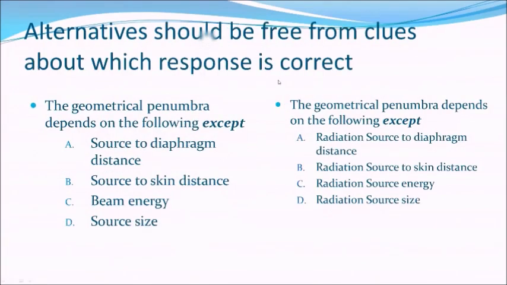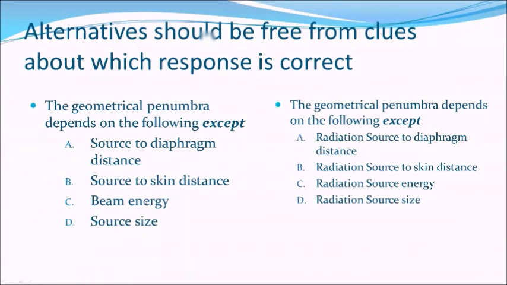Alternatives should be free from clues about which response is correct. Here I'm giving another example about clues. The geometrical penumbra depends on the following except: source to diaphragm distance, source to skin distance, beam energy, source size. If a person looks at it, he will see that 1, 2, and 4 have the word source. This is the only thing which is a little different, so this must be the correct answer.